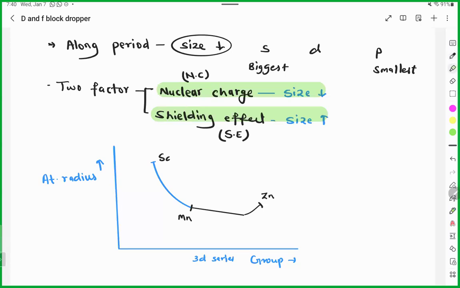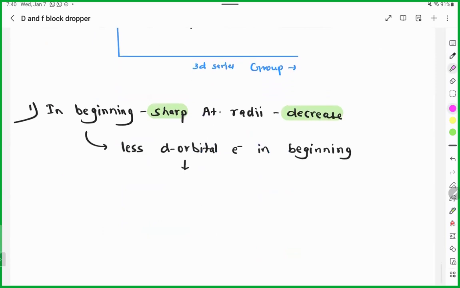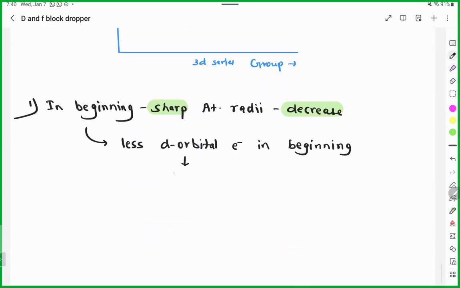So in this case, shielding effect is weak or poor, because there are not many electrons to shield. And if shielding effect is poor, nuclear charge impact will be more.